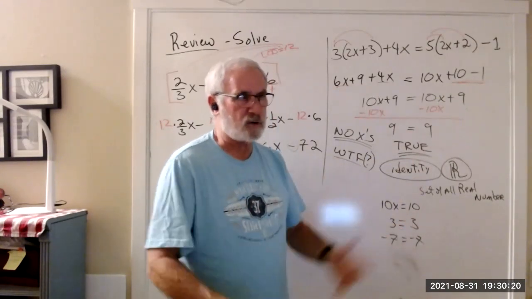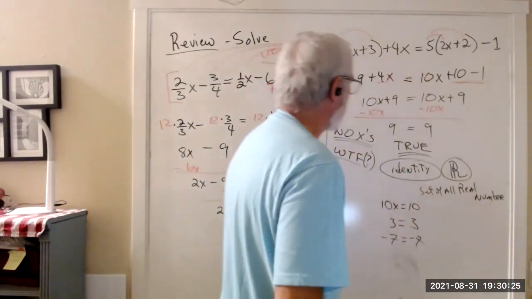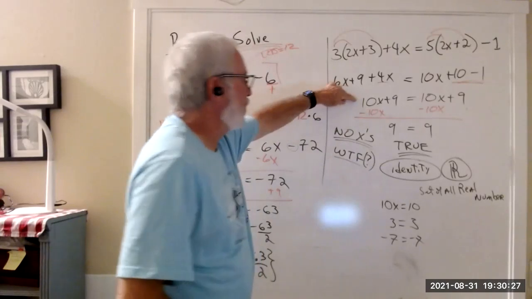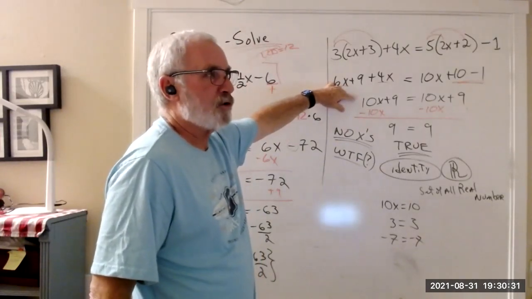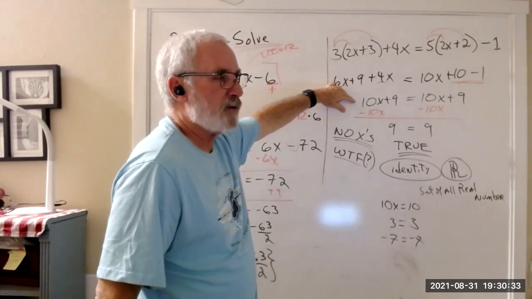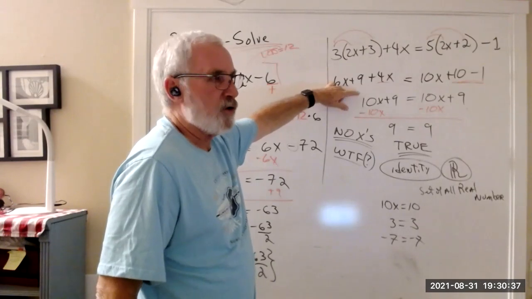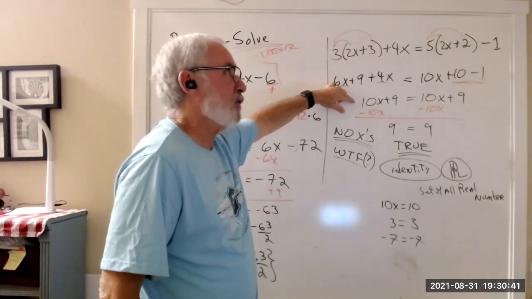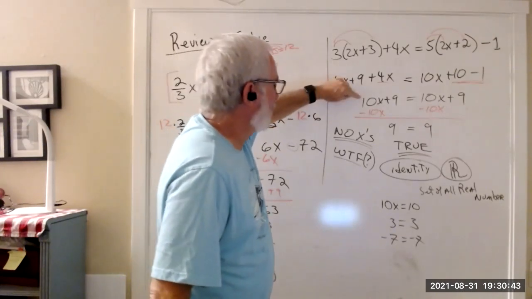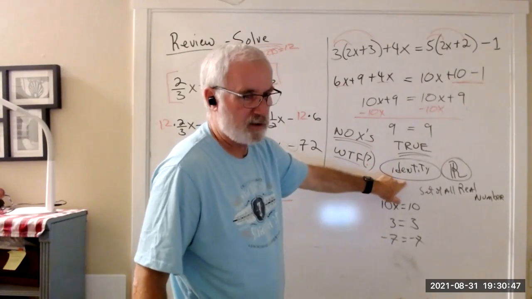That's your real clue. Is that okay? Some people could look at that and go, uh-oh, this is a trick question because the left side and the right side are exactly identical to each other. So you could have jumped from here to the word identity. That's your actual answer right there, that or that.